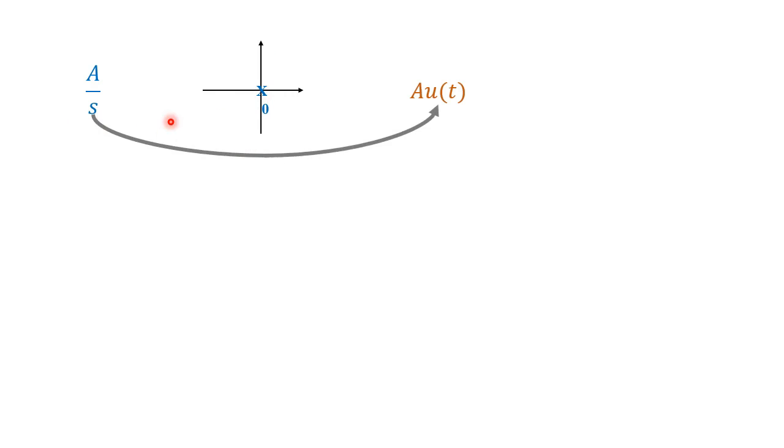Here I have A upon S, which is the Laplace transform of a unit step function. So it is a unit step type response, and the pole of this is at s equal to 0, so it is residing on this line. So the Laplace inverse of this is u(t), as I have already told you just now, and it is given as this.